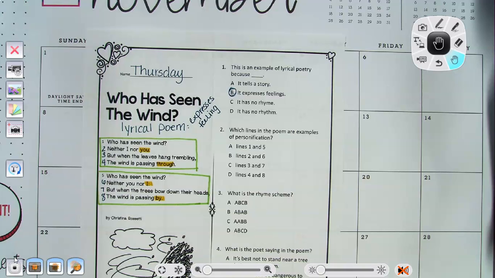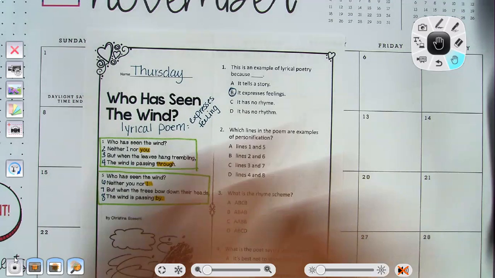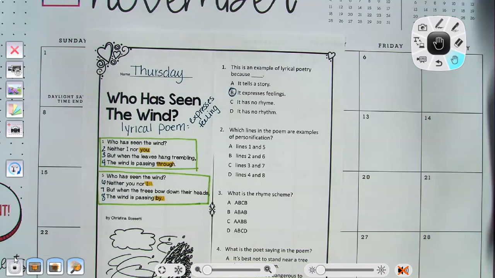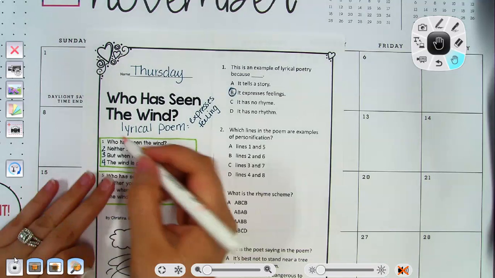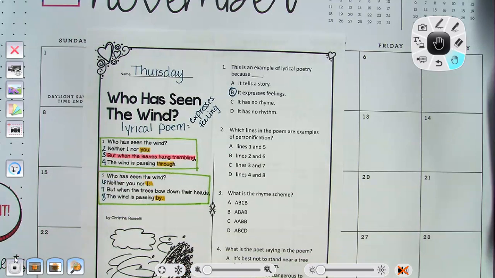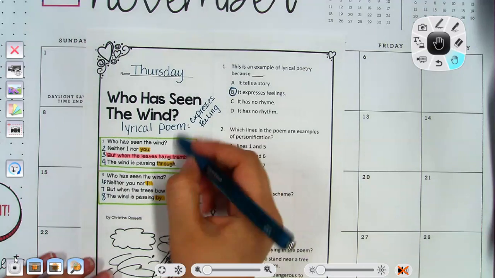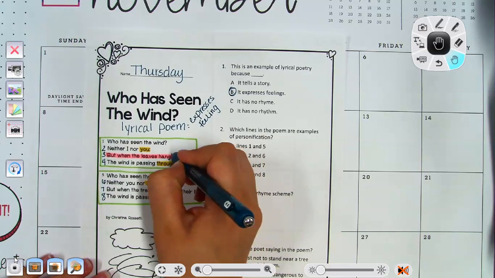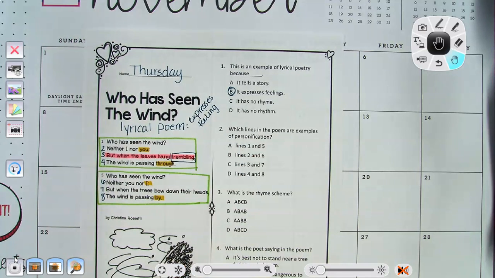So let's look at this line right here: but when the leaves hang trembling. Leaves don't tremble, that's kind of what humans do. So that's giving a human trait.